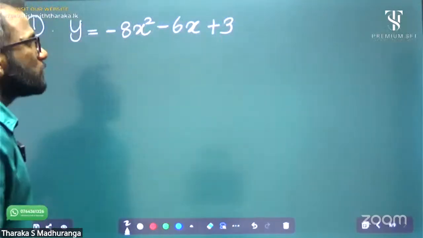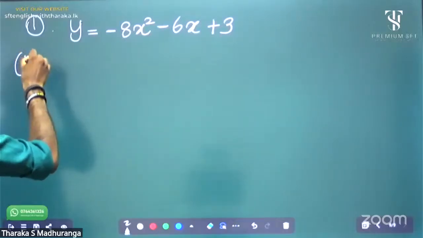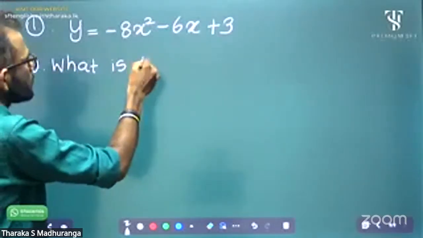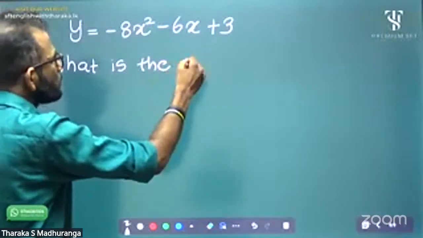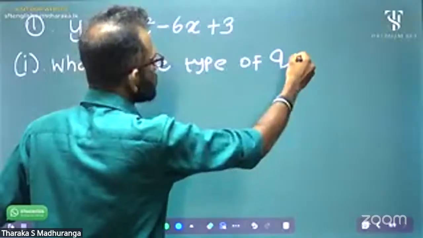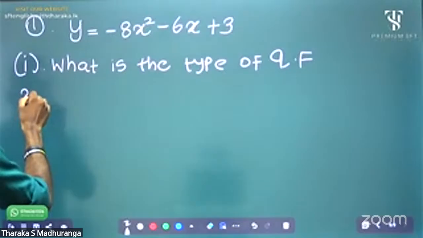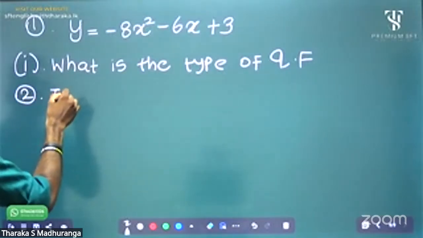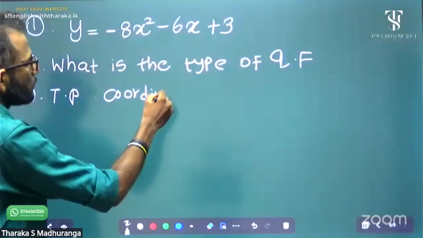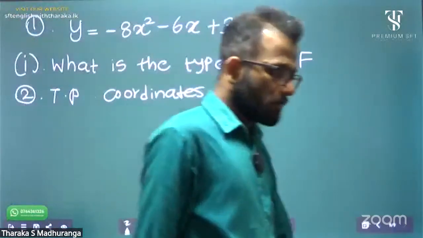Can you calculate the first question? What is the type of this quadratic function? Is it minimum or maximum? And then you can calculate the turning point coordinates. Quickly calculate the turning point coordinates, question number 1.